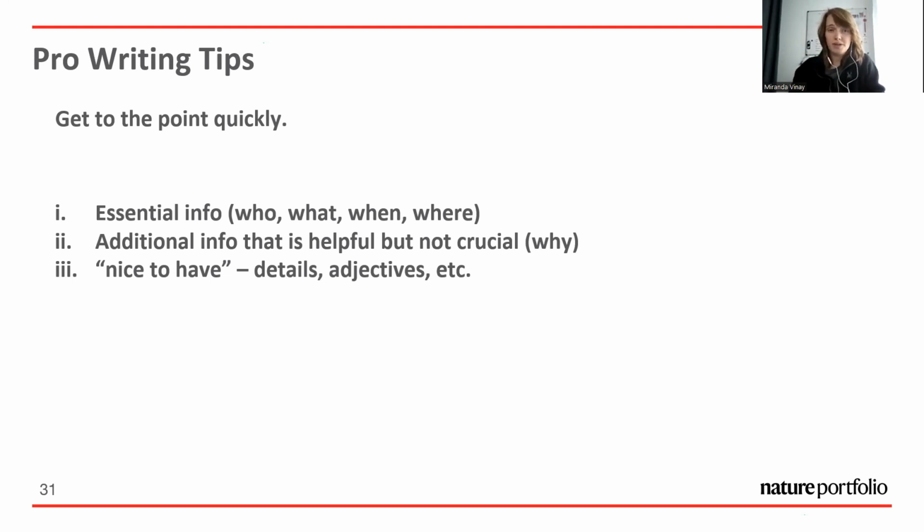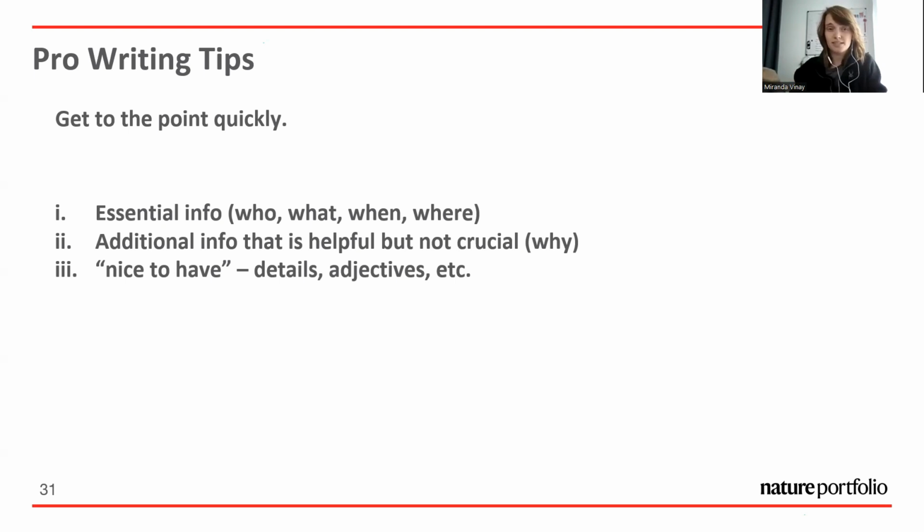So even if you may have heard that to use active voice, or in science maybe to use passive voice, getting to the point quickly matters more than which voice you use. For example, you might be able to tell from my accent, but I am American. And if I were to write a newspaper headline that said, "A bear mauled President Joe Biden," that would sound kind of weird, because the important part of that sentence is not a bear.